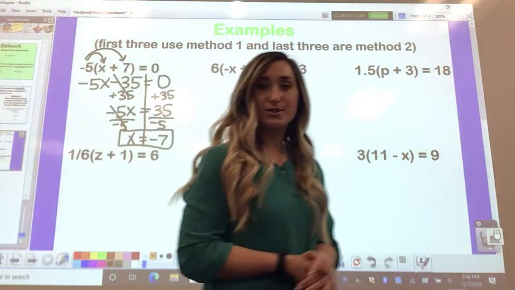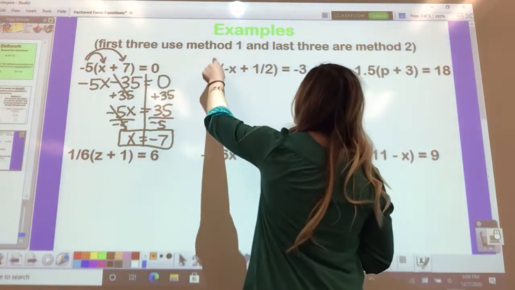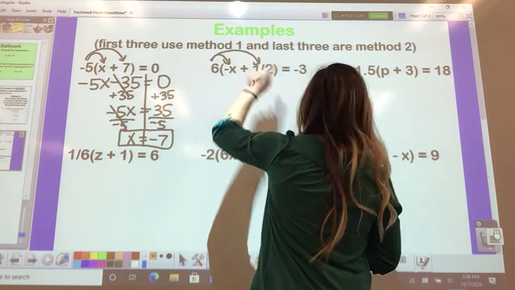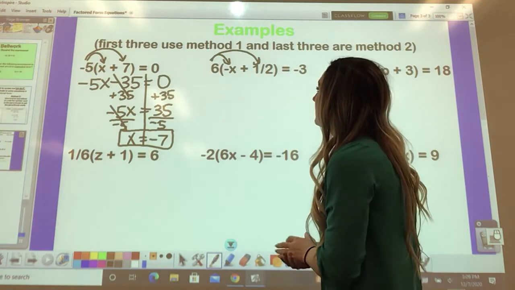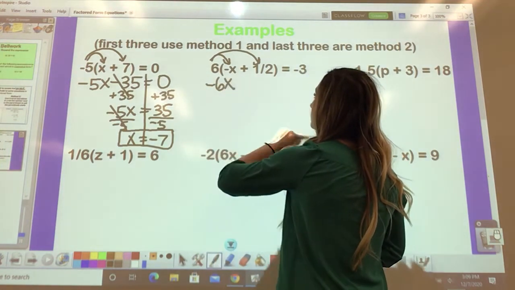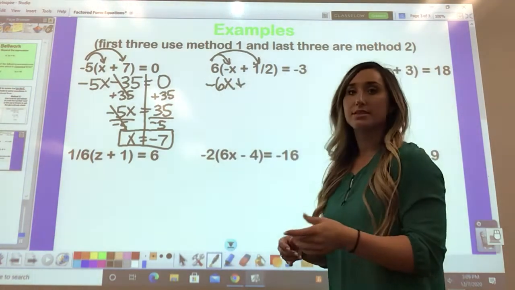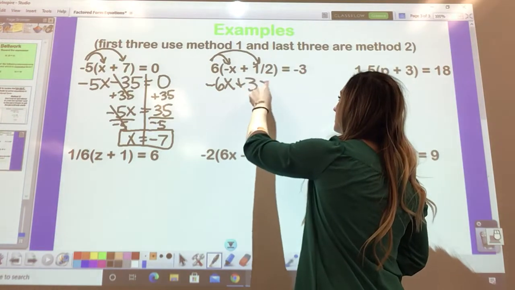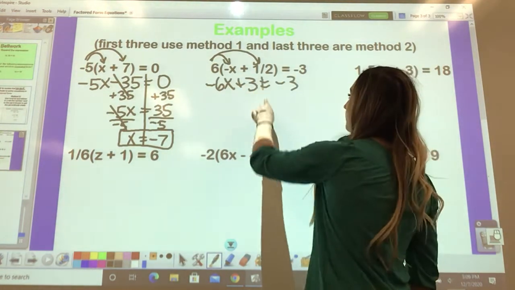Going on to this next one, again, still using method 1, using the distributive property. I'm going to distribute the 6 into each of these terms. 6 times negative x becomes negative 6x, plus 6 times 1/2, well, half of 6 is 3, and that equals negative 3 still. And now let's solve.